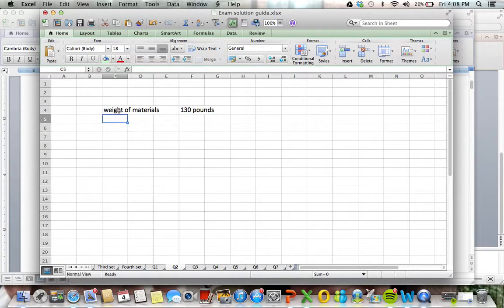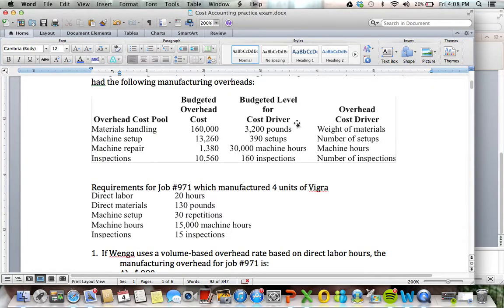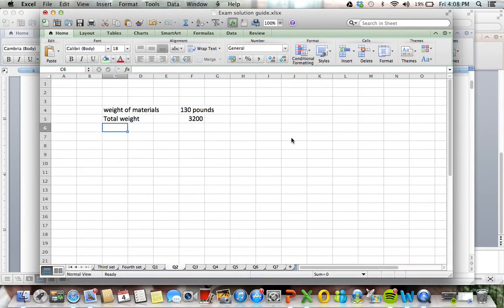And we know the total weight was 3,200 pounds. The total cost for handling was 160,000 for the 3,200 pounds.